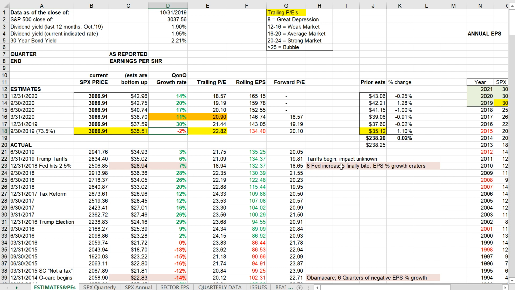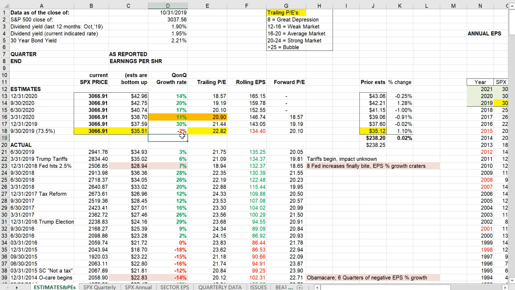And this is a direct result of the Federal Reserve raising interest rates too high. We were motoring along since the Trump election, cruising, things were cool. The Fed raised rates too high and slammed the brakes on. Look at the decline in percentage growth. Terrible.